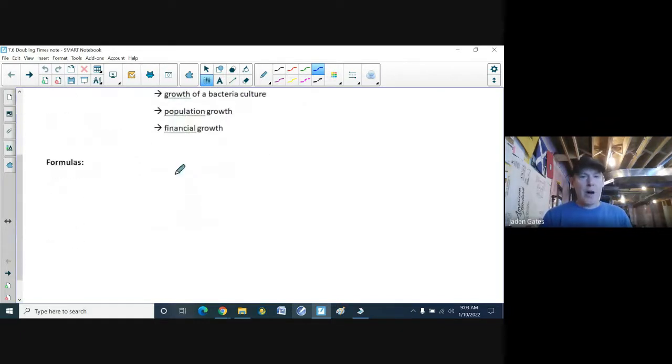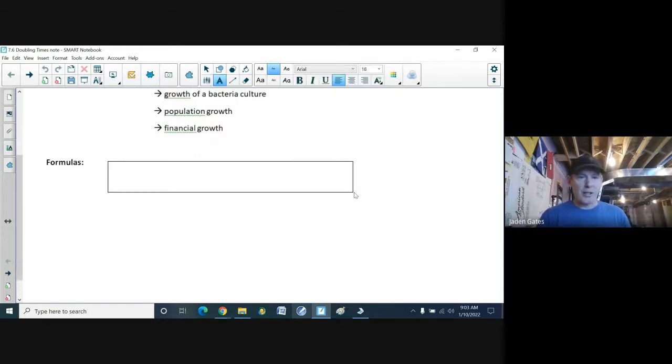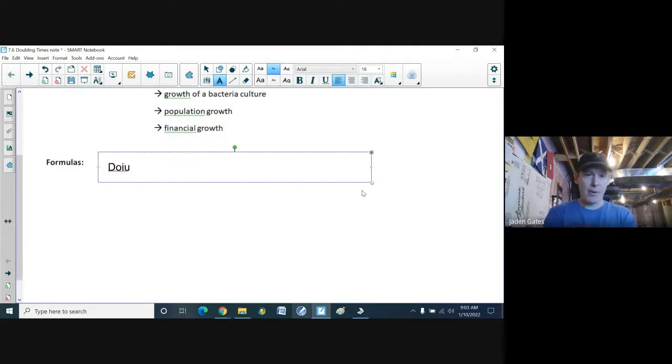Now we're going to have a couple of formulas that we're going to use. The first is to find the doubling time, which is how long it takes for something to double.